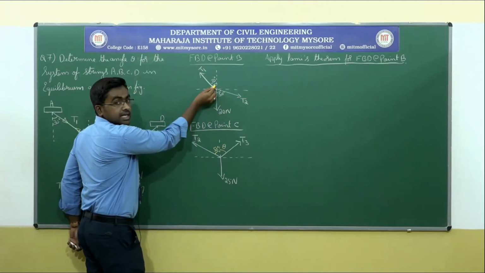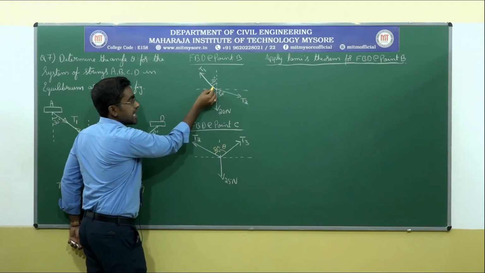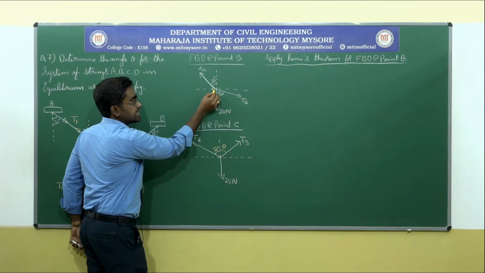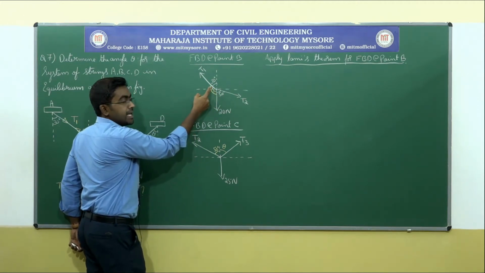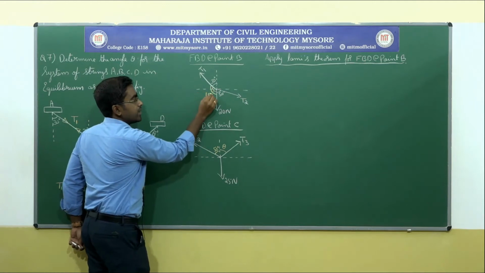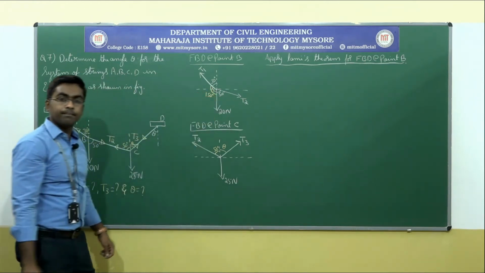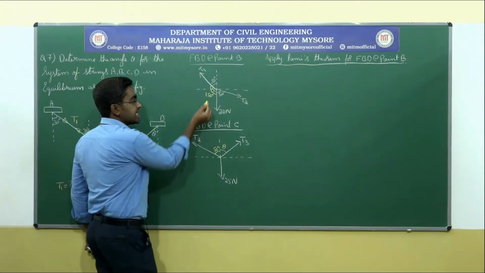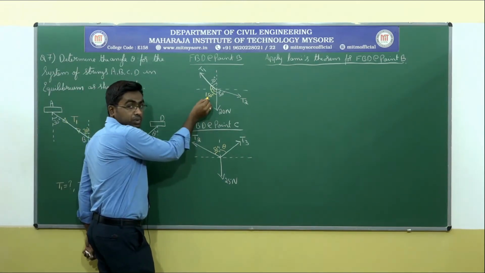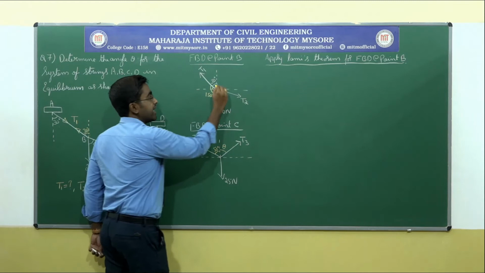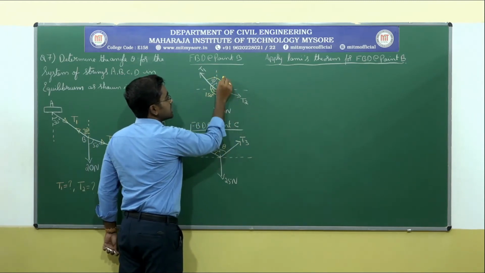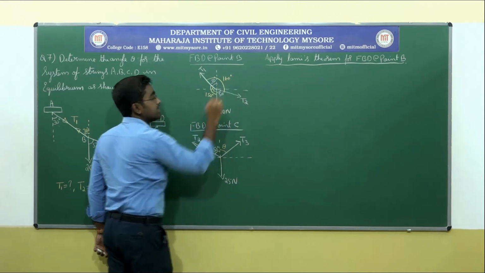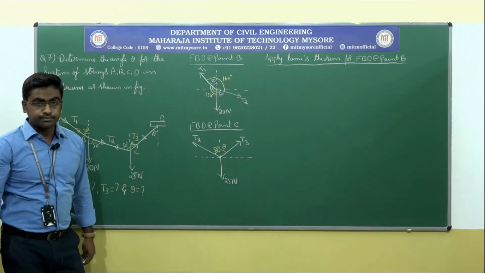If this is 30 degrees, this angle is 60 and this angle is 90, the overall angle will be 90 plus 60, which is equal to 150. The overall angle is 360, so 360 minus 150 minus 50, this angle between these two forces will be equal to 160 degrees.